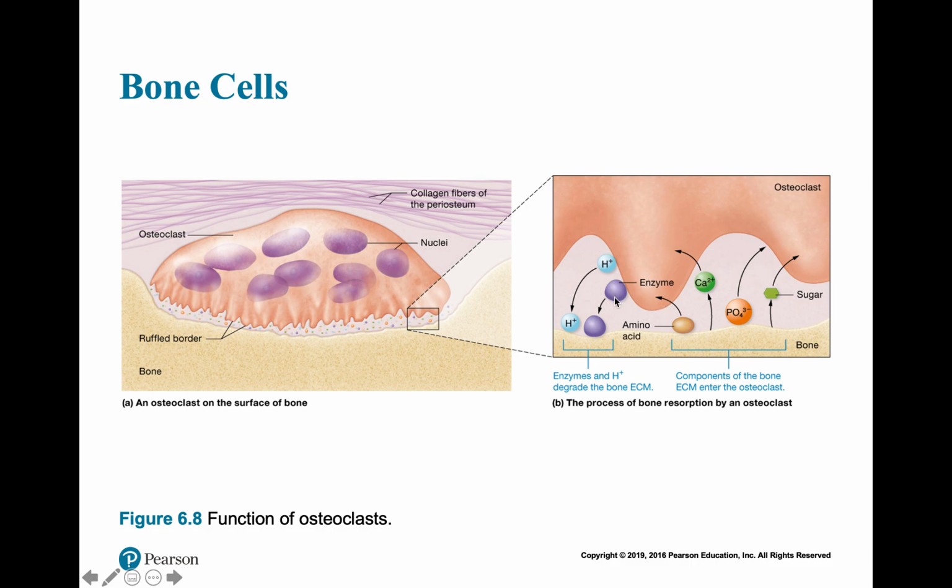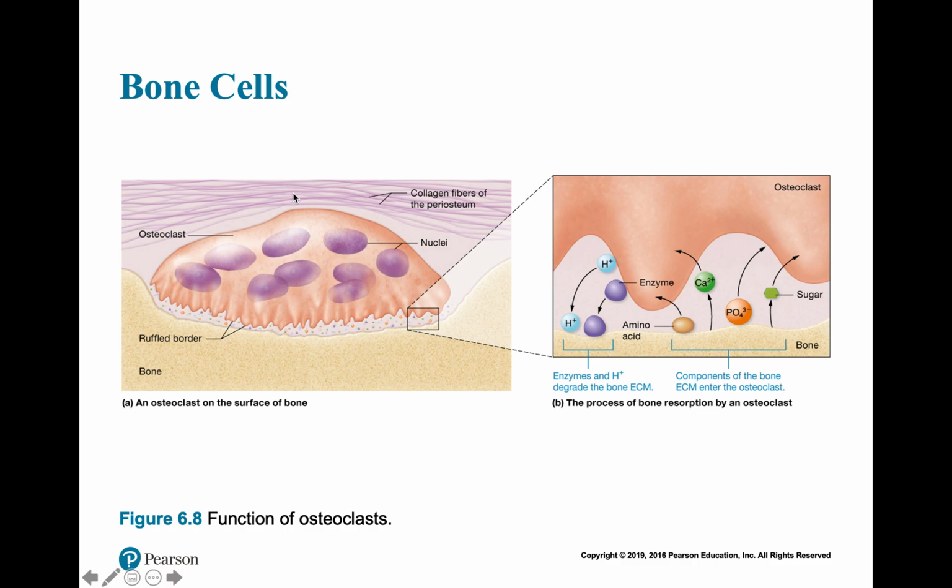When you think of hydrogen ions, you should immediately think back to chapter 3, or it may have been chapter 2, when we talked about pH. Hydrogen ions, that's what pH is. It's a measure of hydrogen ions. And if you have more hydrogen ions present in a solution, what does that do to the pH? More hydrogen ions lowers the pH. A lower pH means it's more acidic.